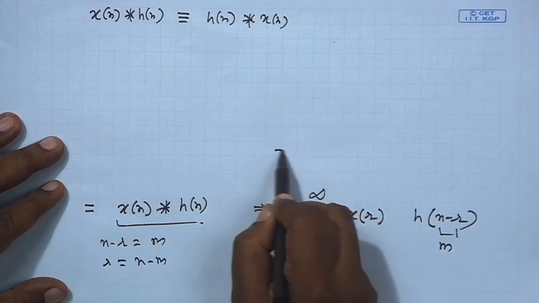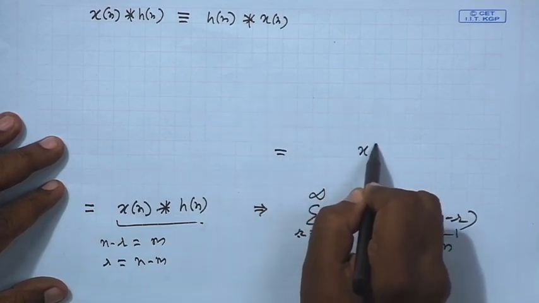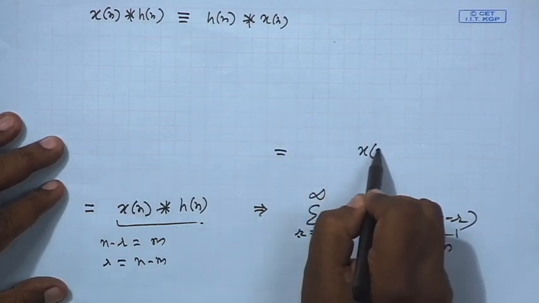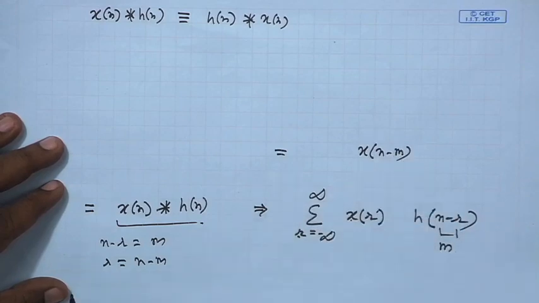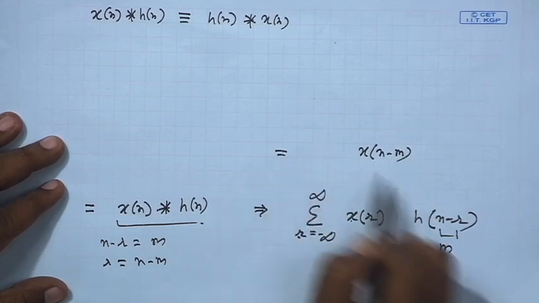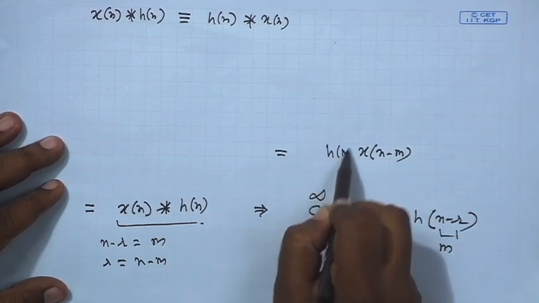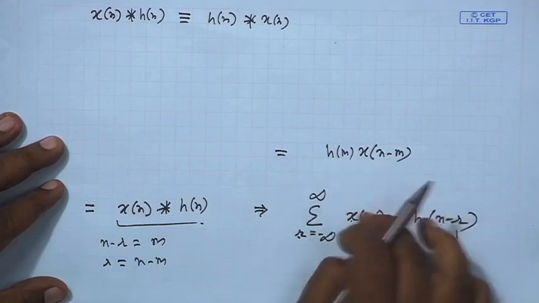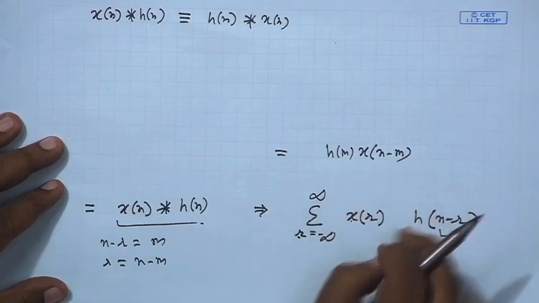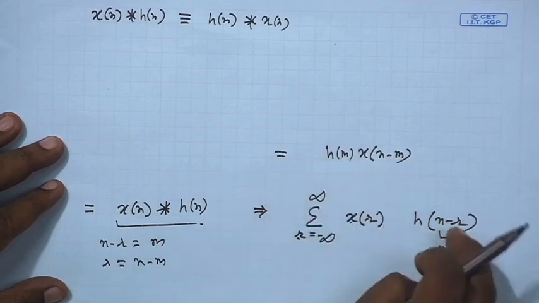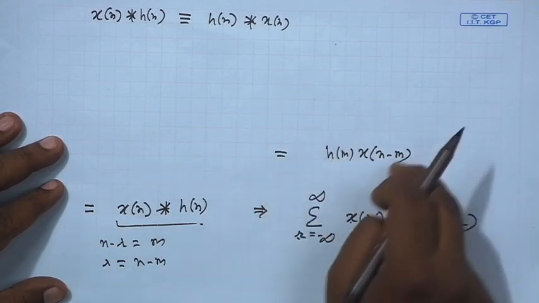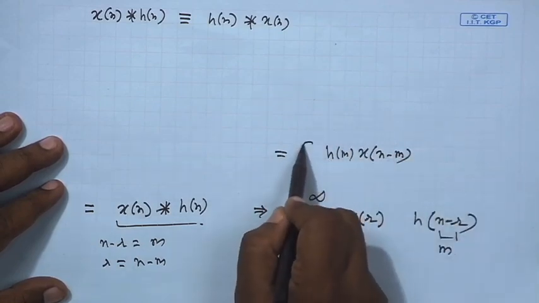So, in this summation, x of r, instead of r, I should have n minus m, and h instead of n minus r, I should have m, and I can write h first, x second, because this is just two scalar numbers multiplied. So, this into this is same as this into this. So, I can write h[m] first, x[n minus m], summation.